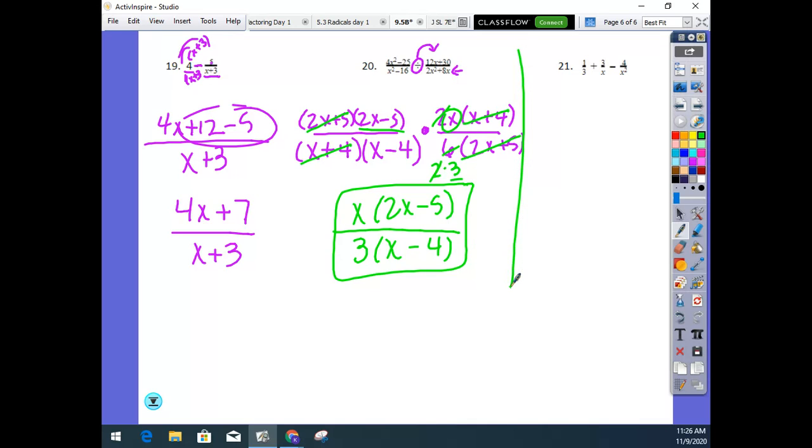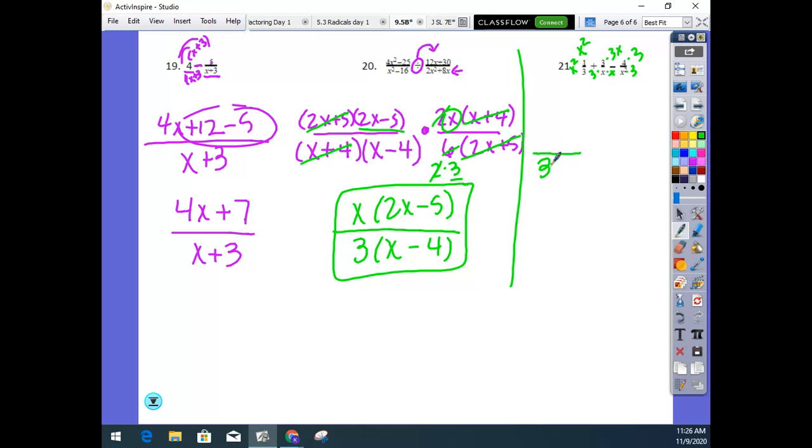All right. So this has a 3, so they all need a 3. So I'm going to multiply everything by 3. This has an x, but this has an x squared. So everything needs to have an x squared. Because if I multiply x times x, I now have x squared. Here, though, I need to multiply by x squared and x squared.